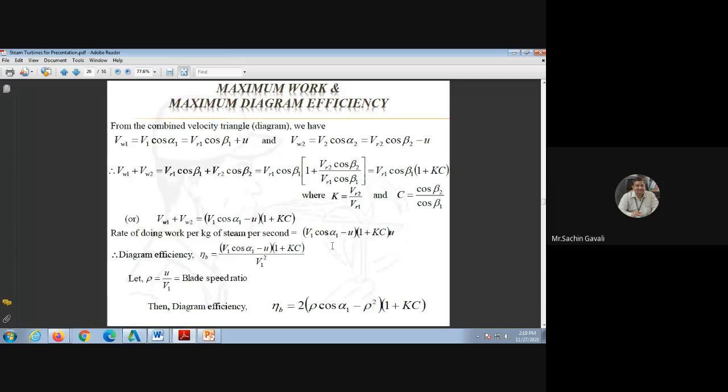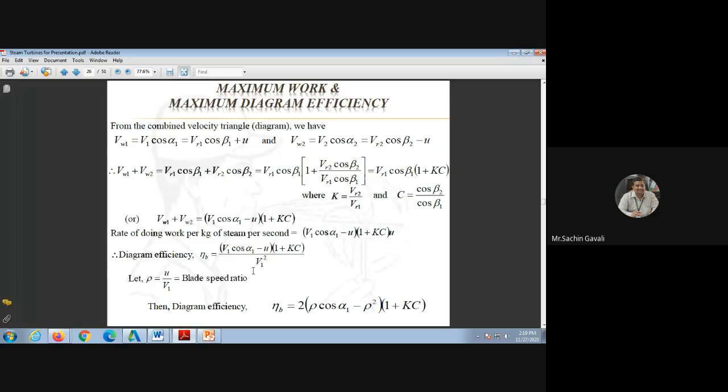Rate of doing work per unit. Therefore, now we are knowing the formula. Rate of doing work means nothing but what? It is VW1 plus VW2 into U. But we know that VW1 plus VW2 is equal to V1 cos alpha 1 minus U into bracket 1 plus KC. And this is multiplied by U. Then diagram efficiency is equal to 2 into bracket.